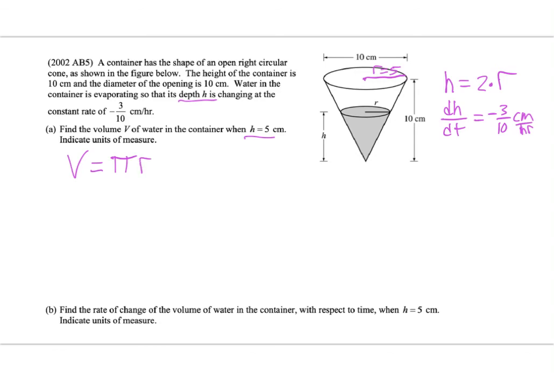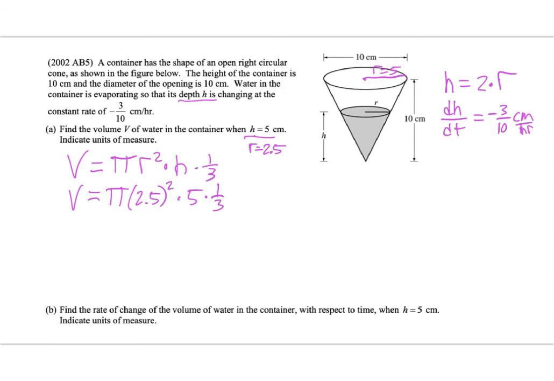So we've got pi r squared times h times a third because it's pointy. We've got h. When h is 5, that means that r is going to be 2.5. So V is going to be pi times 2.5 squared times 5 times 1/3.